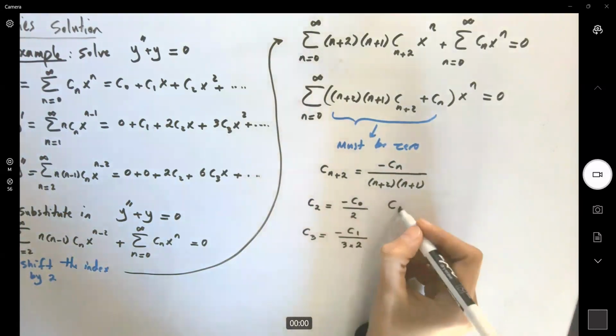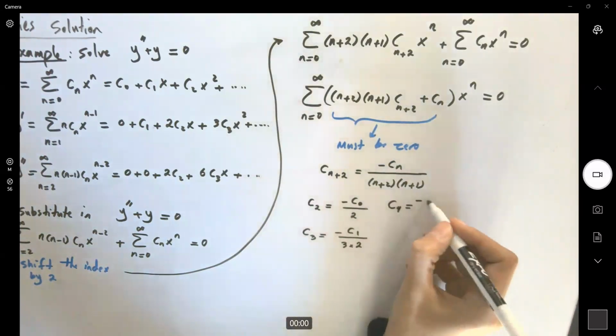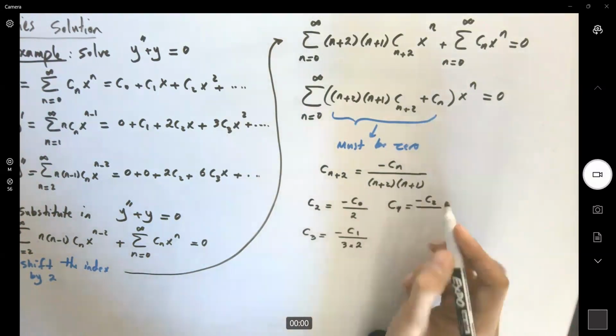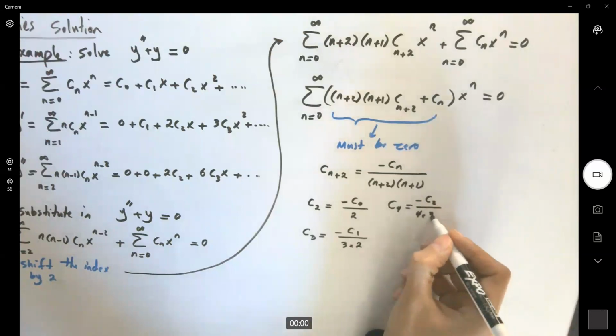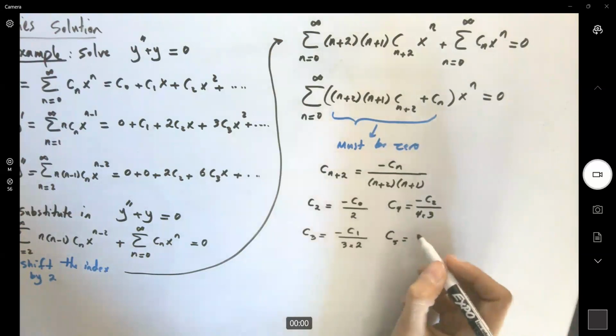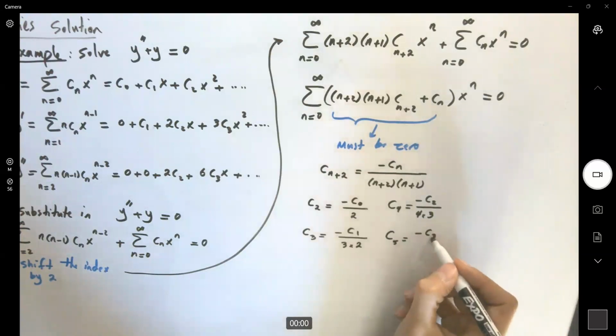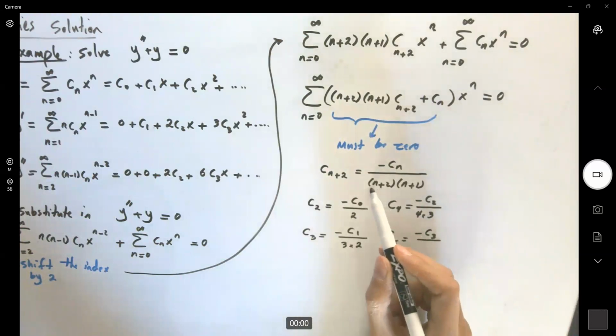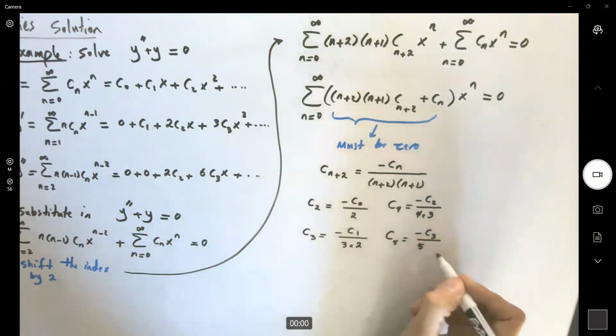Okay, what about c sub 4? c sub 4 is negative c sub 2 divided by 4 times 3. c sub 5 becomes negative c sub 3 divided by 5 times 4.